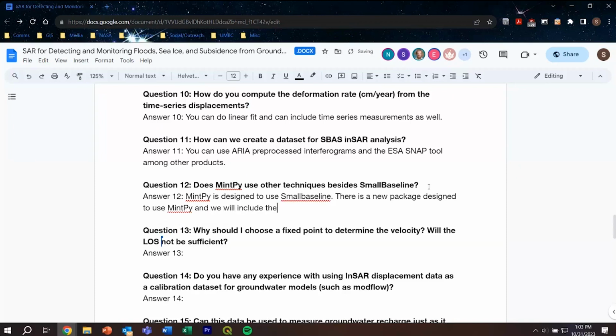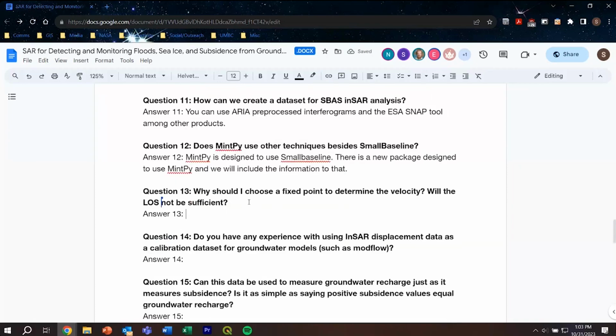Okay, question number 13. Why should I choose a fixed point to determine the velocity? Will the line of sight not be sufficient? InSAR measurements are always relative.